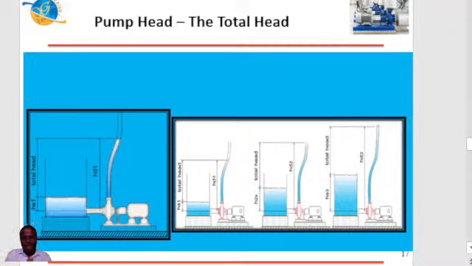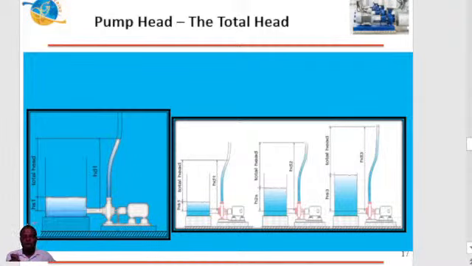And that is the difference in height between the level of the liquid in your suction tank, denoted as HS1, and the height of a column of water that the pump can achieve. That is the total head.